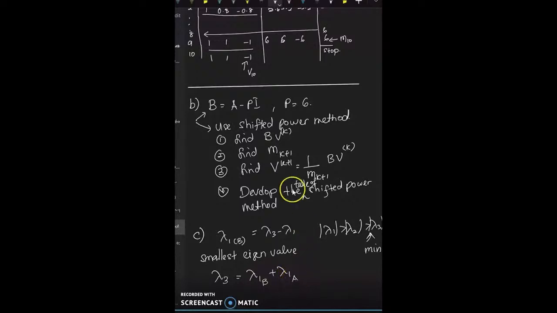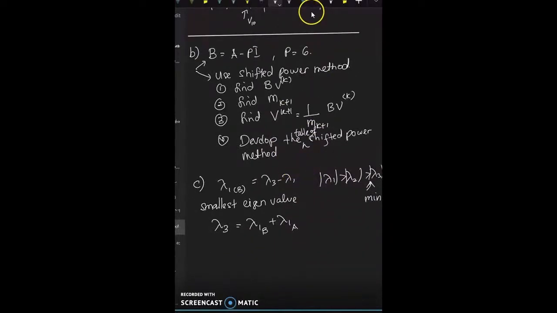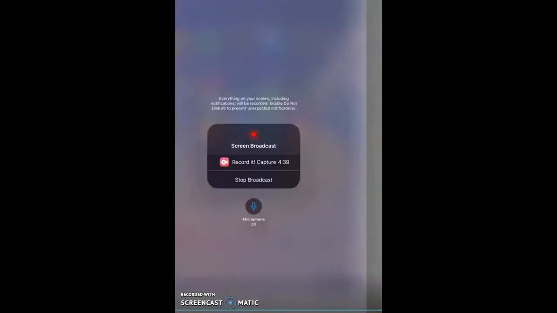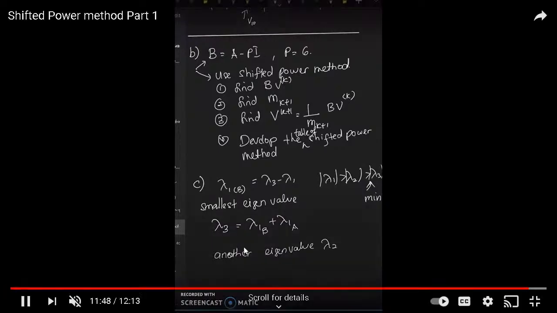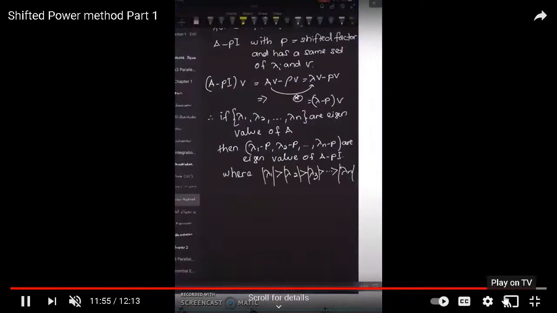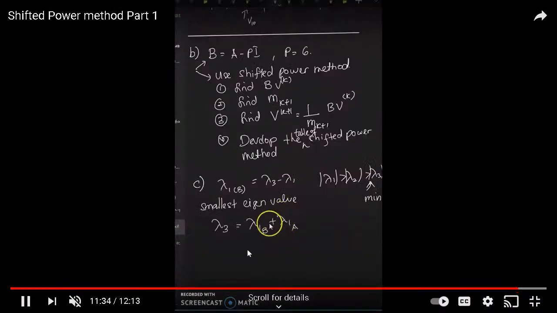The eigenvalue from matrix B plus the eigenvalue from matrix A gives the minimum eigenvalue. So by using the shifted power method, adding lambda 1b and lambda 1a, you can get lambda 3, the minimum eigenvalue.